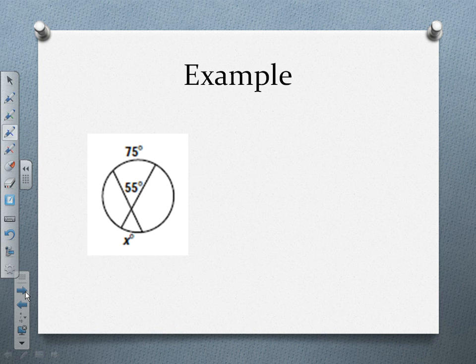So now let's go ahead. This is a little bit different. I've got my inside angle here of 55, so I know what that is, and I'm trying to find the measure of this arc here. So 55 is still going to be 1/2 of the sum of those arcs. We just don't know one of those arcs. The easiest thing to do here, in my opinion, instead of distributing, is to multiply both sides by 2.